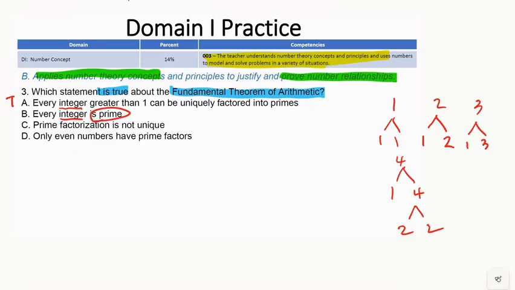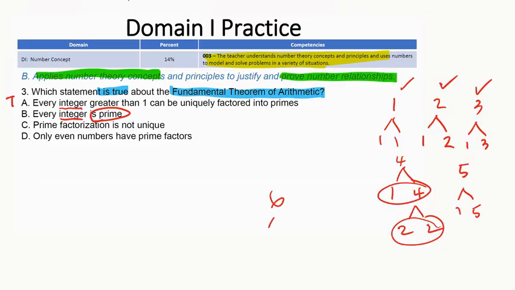We talked about this in the previous problem. 1 is a prime number. 1 and 2 are prime numbers. 3 is a prime number. 4 is a prime number because it can be 2 and 2 and 1 and 4, right? 5 is a prime number, 1 and 5. 6 is a prime number, 1 and 6 or 2 and 3. So they're telling us every integer is a prime number. True or false? What do you think?